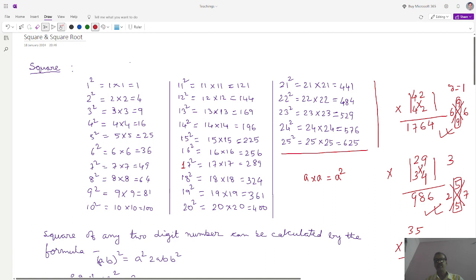And then for 3, take 3 square minus 3, that is 3 into 3 minus 3, equals 9 minus 3 equals 6. Wait, for this case we use n into n plus 1: 3 into 4 equals 12. So the multiplication will come 1225. Right?